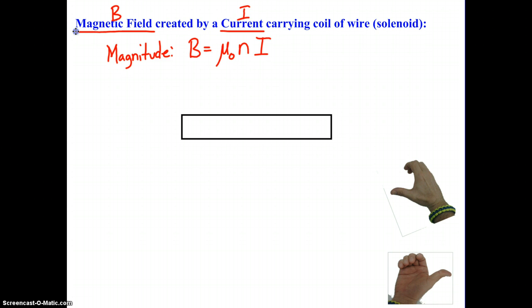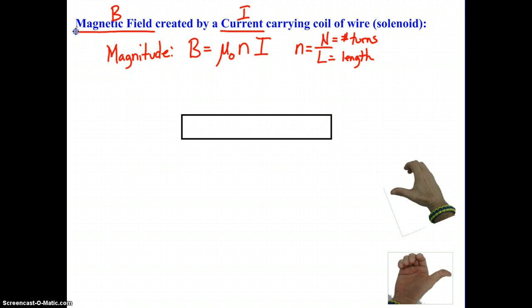And we'll cover all the factors that control the strength of the magnetic field of a solenoid in a moment. Little n is the number of turns, which we'll call capital N, per unit length. So n is the number of turns, and L is the length of the solenoid.